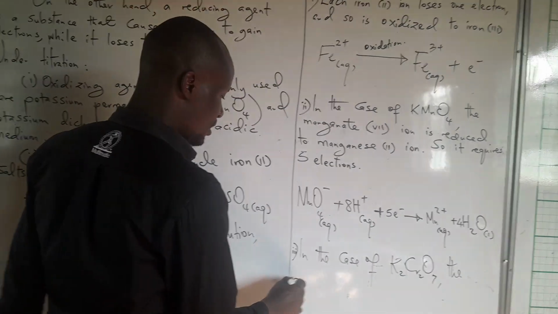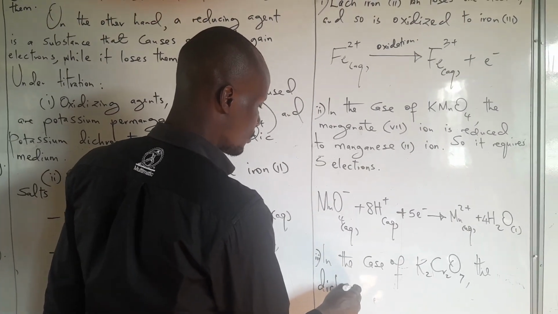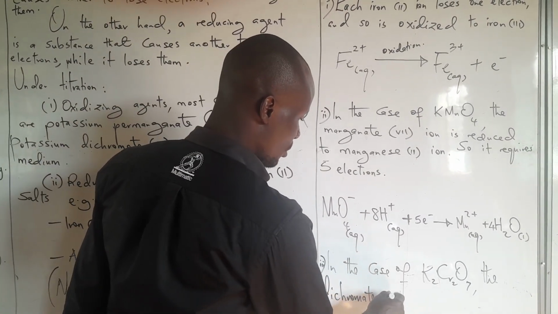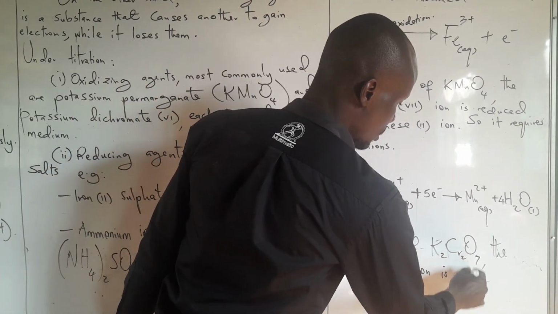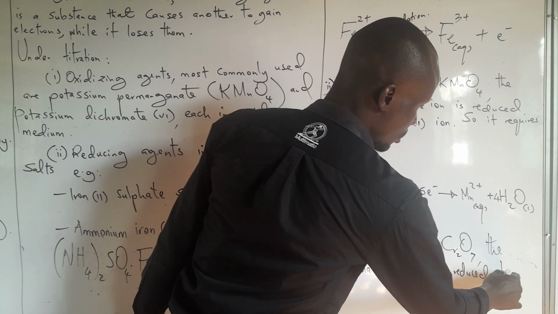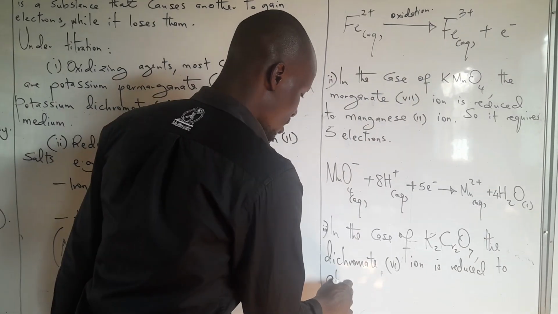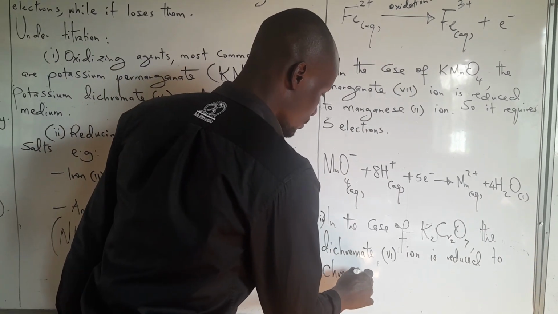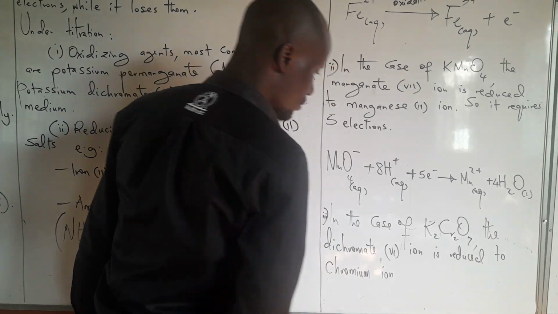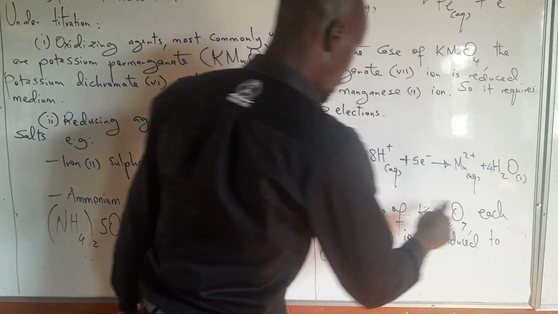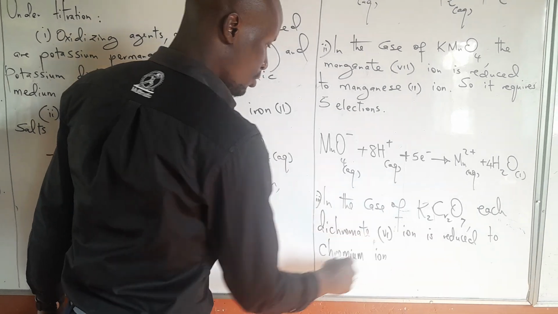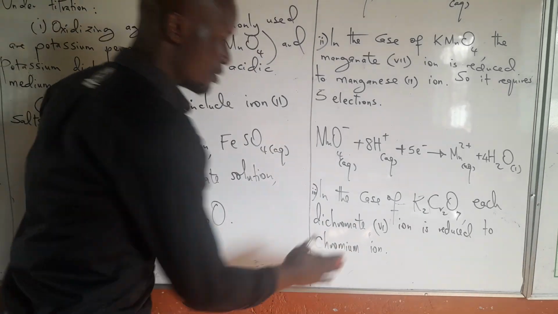The dichromate(VI) ion is reduced to chromium(III). Each dichromate(VI) ion is reduced to chromium(III) ions.